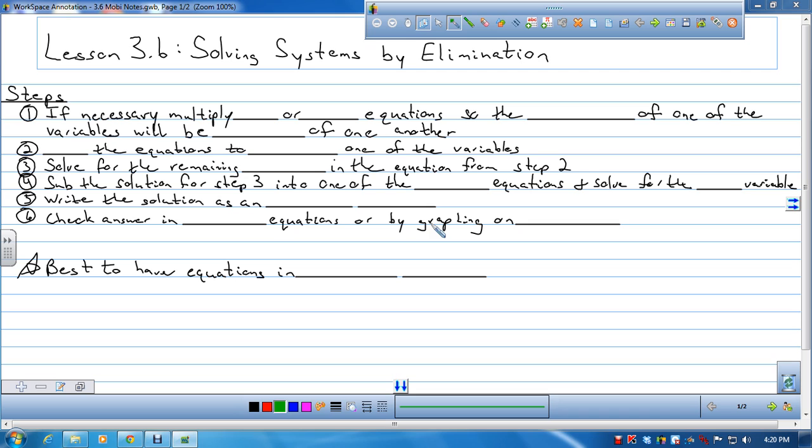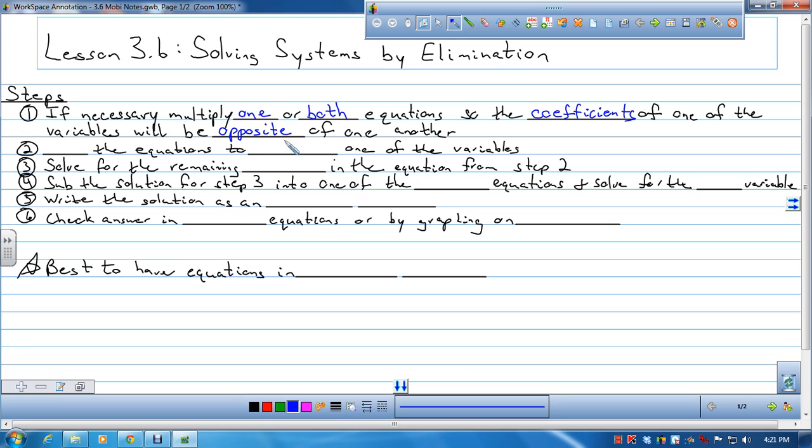So first thing we need to look at are the steps involved here. We've got two equations. If necessary, we are going to multiply one or possibly both of these equations, so the coefficients of one of the variables, either the x or the y, will be opposite of one another.